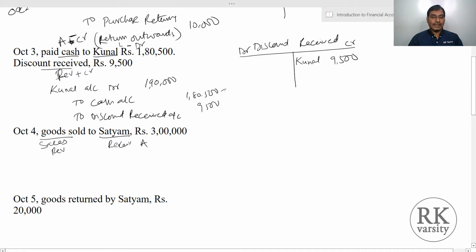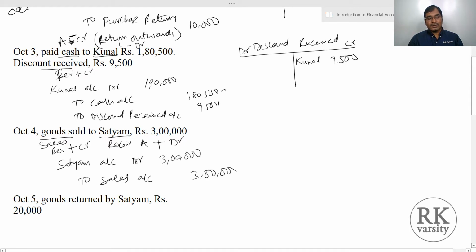So there is an increase in asset, and there is also an increase in revenue. Increase in revenue is credit, increase in asset is debit. So our transaction in general is Satyam account debtor to sales account, and the amount is rupees 3 lakhs.